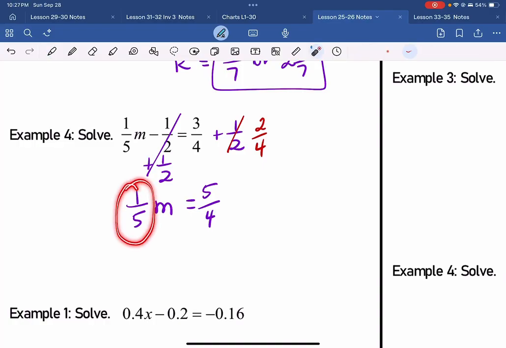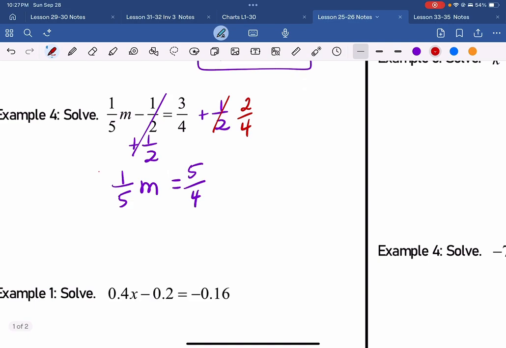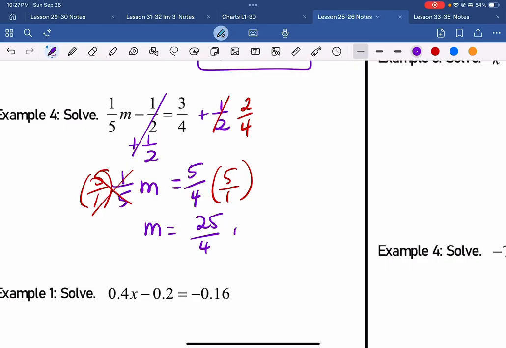We multiply by its inverse. So 5 over 1. So m is equal to 25 over 4, or 6 1/4. I'll accept either one.